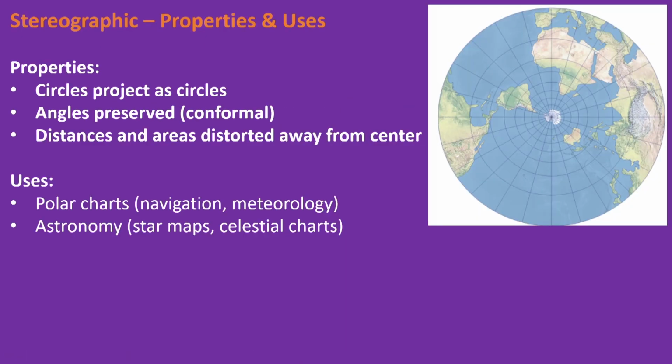When we talk about the characteristics, property and usage: angles preserved, distance and area distorted. Here only the angles or shapes will be preserved, whereas distance from the center point, shapes can be preserved.